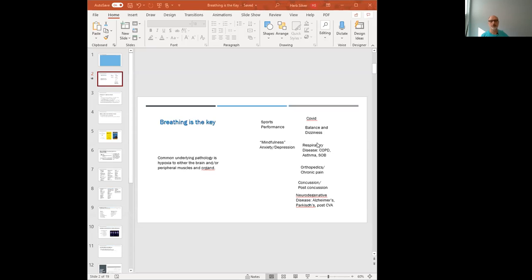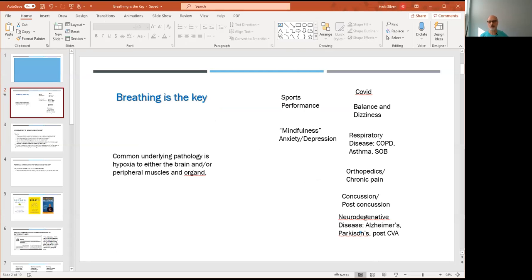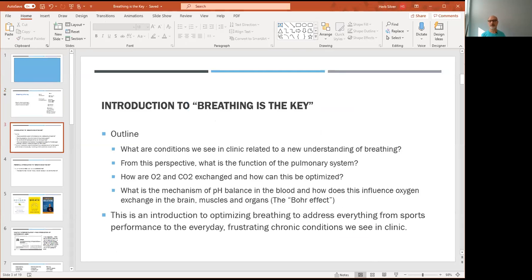So here I'm going to be sharing my talk with some slides. This is the basic outline of what we're doing today. What are the conditions you would see in clinic related to breathing.